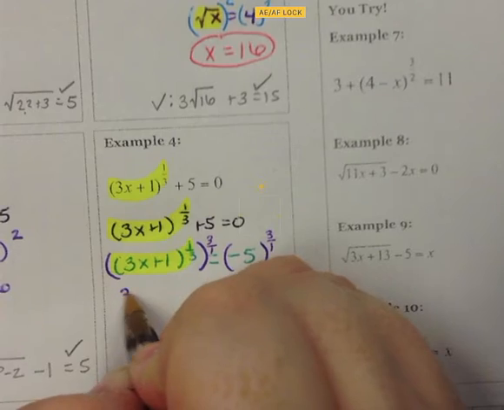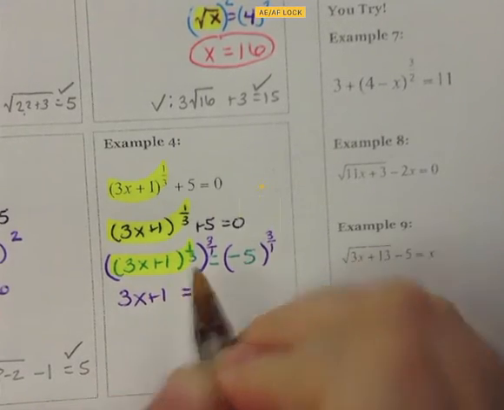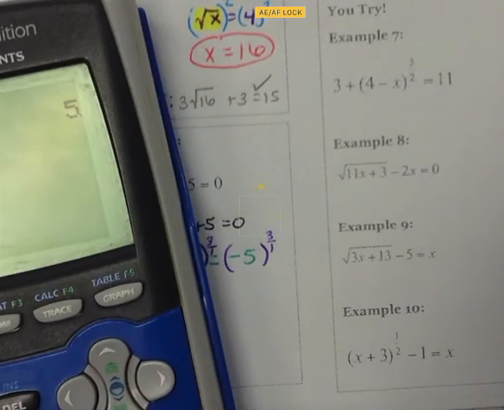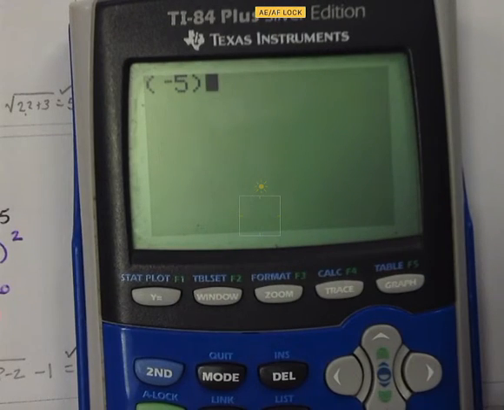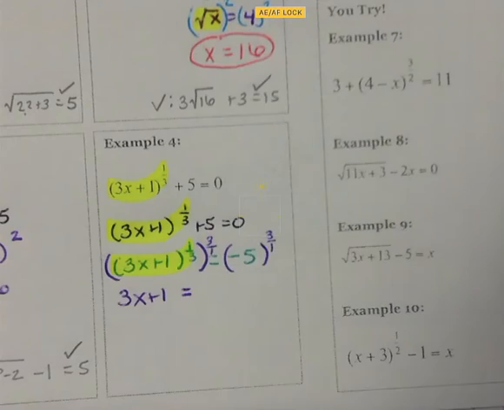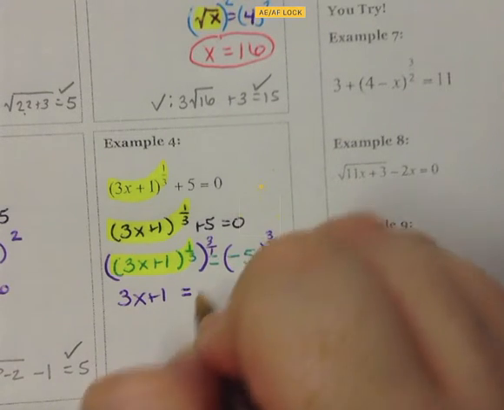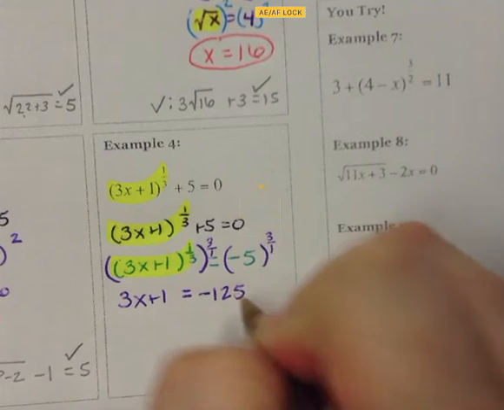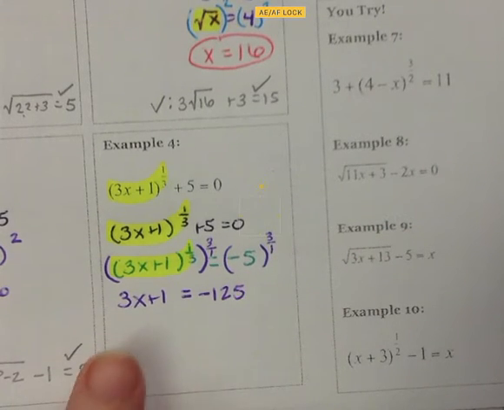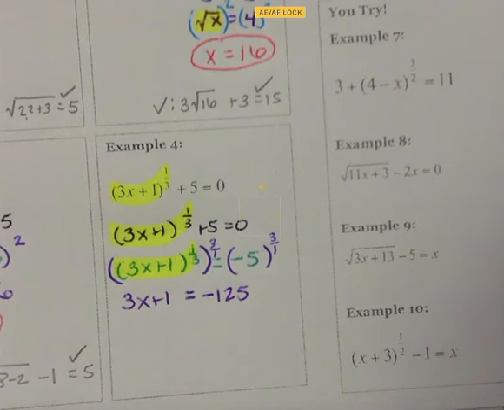So we're left with 3x plus 1 equals, and now parentheses, negative 5, close parentheses, raised to the 3rd power, because 3 over 1 is just 3, is equal to a negative 125. And now we still got to solve for x, so we want to subtract the 1 to the other side.